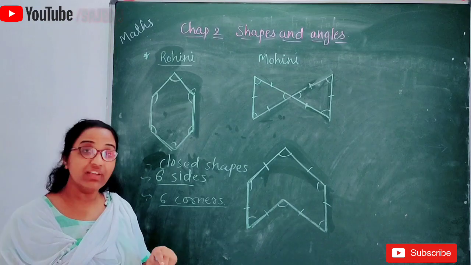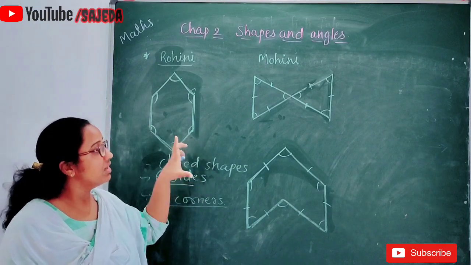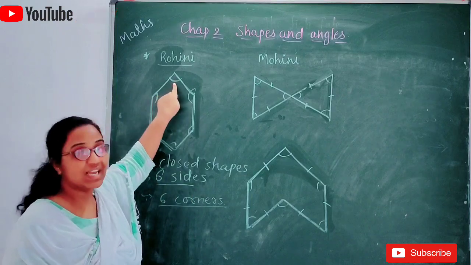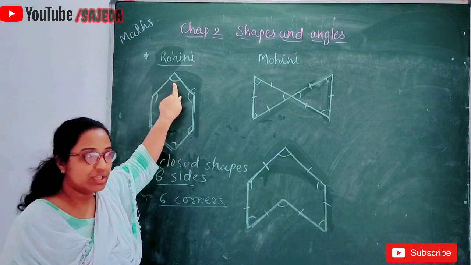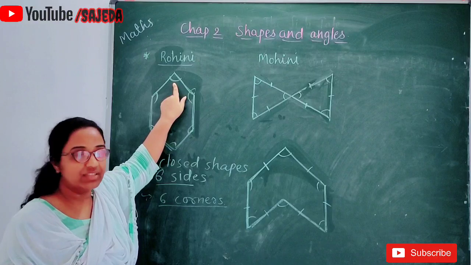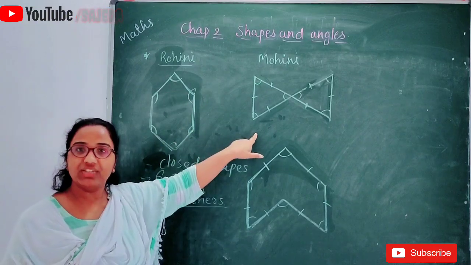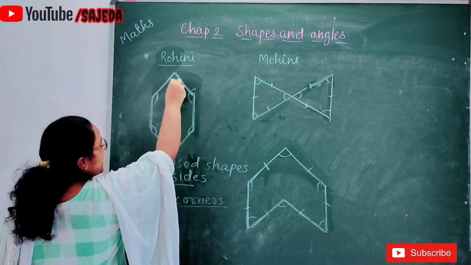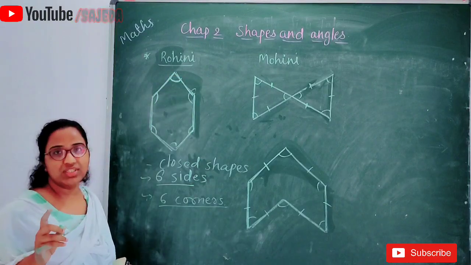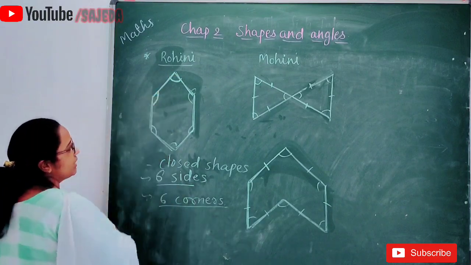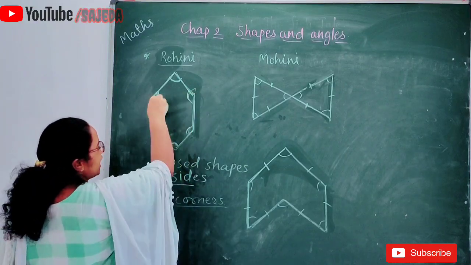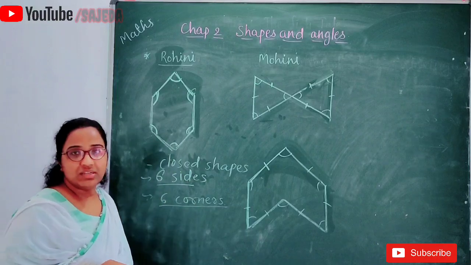So the thing we have to learn from these figures is, if we change the size of the angle, the shape will be changed. Here you can see that between these two sides, this angle is smaller, this angle is bigger, this one is smaller, this one is bigger, these 4 are bigger and these 2 are smaller.